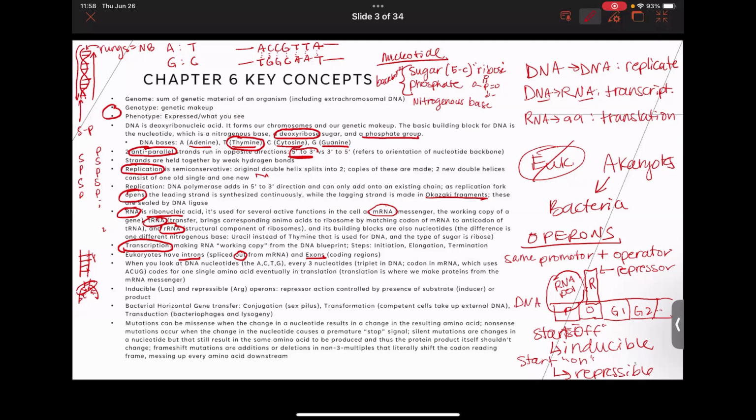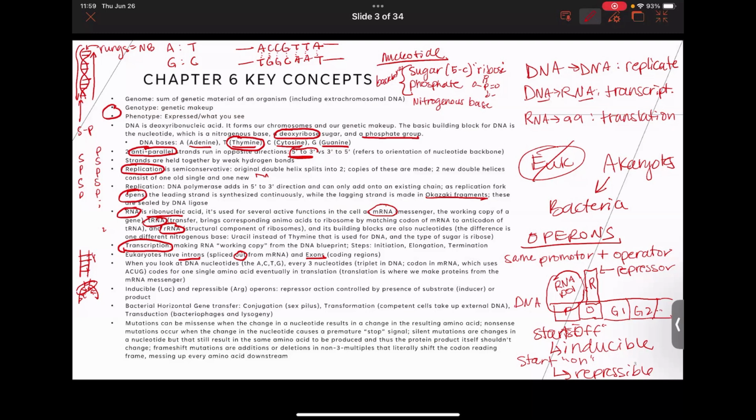That's what happens in the lac operon. When lactose is present, it binds to the repressor, which dissociates, and now RNA polymerase can do its job and make the genes. The genes that are downstream are there to break down lactose. That way, we're not making the genes to break down lactose unless lactose is present. Why would we waste our energy and our resources making those genes when we don't need them? So that turns on making those genes. It is an inducible operon.